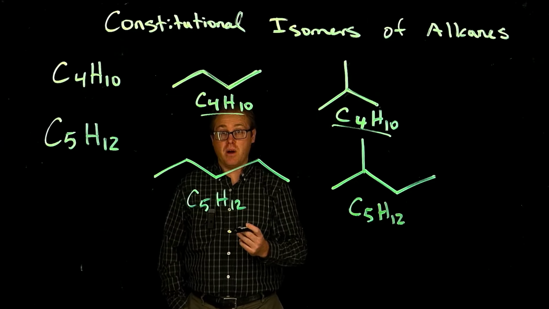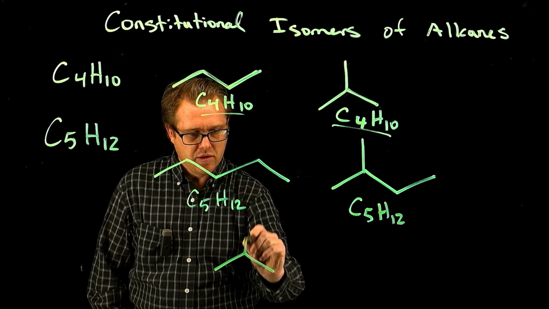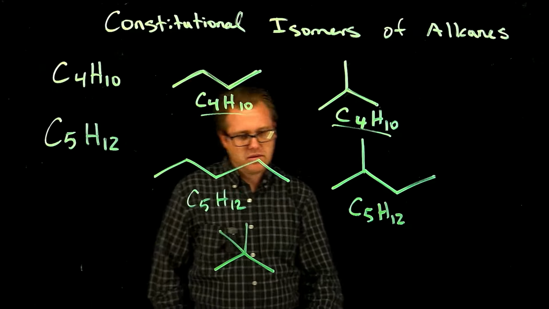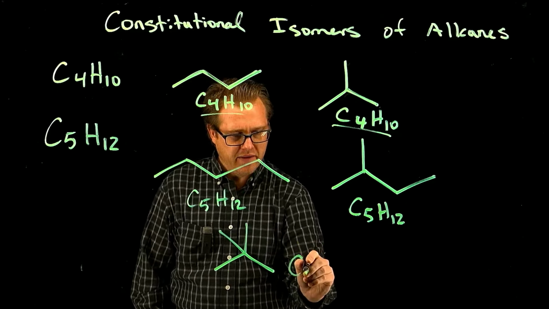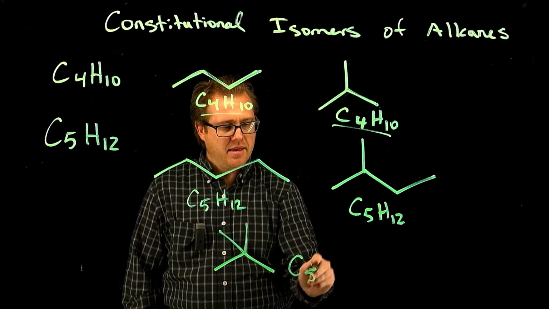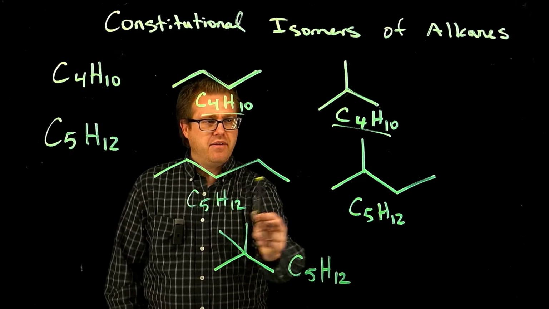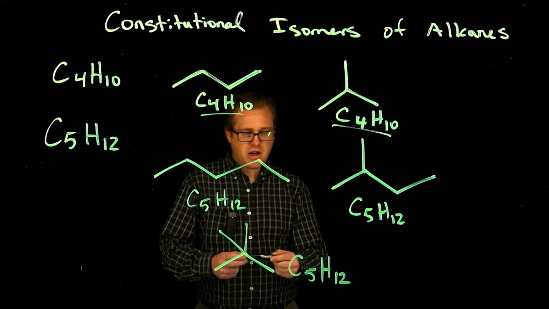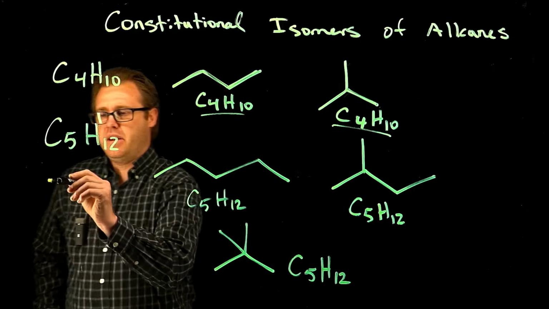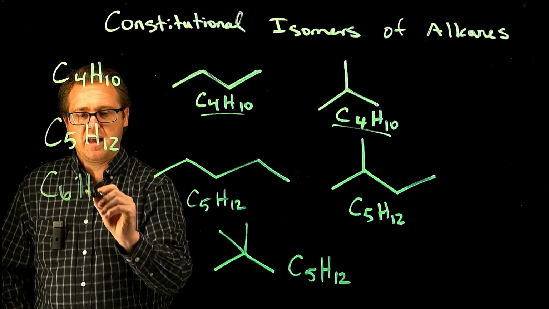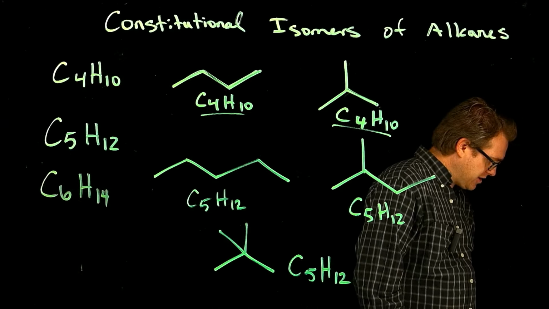Could I draw another one? What if I did this? 1, 2, 3, 4, 5. So that's 5 carbons. And then we have 12 hydrogens. So we have 3 constitutional isomers here. Now look at this. If we go to C6H14, you know how many constitutional isomers we have of that?